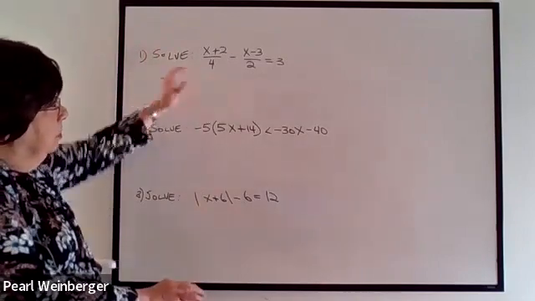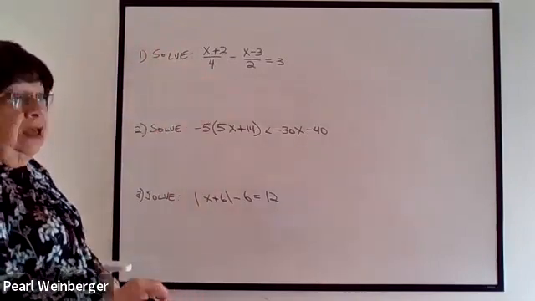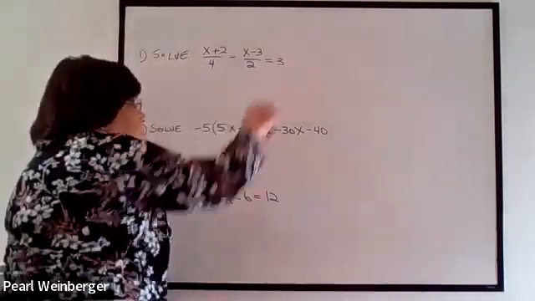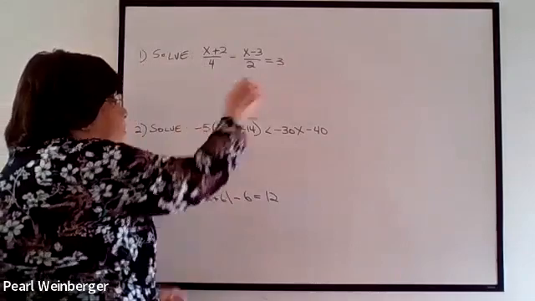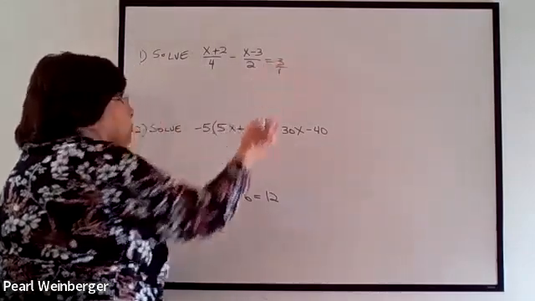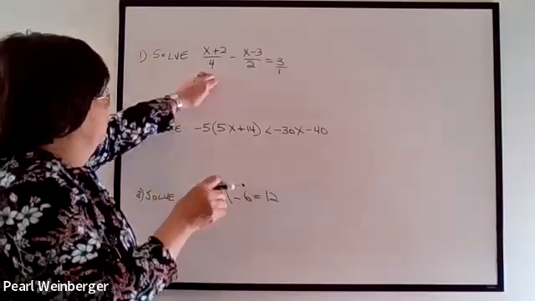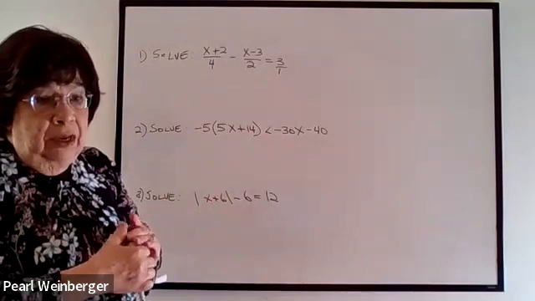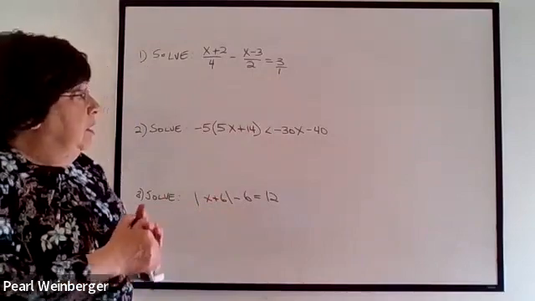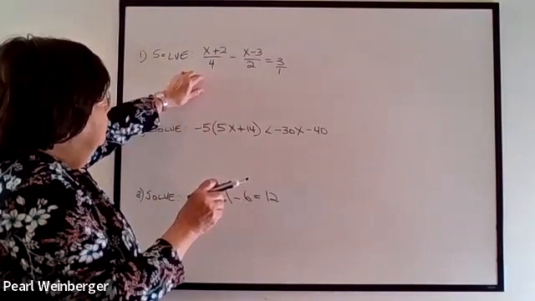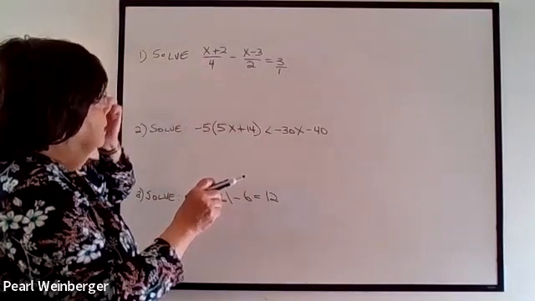It's a little bit harder because it has fractions in it. So what I'm going to do is take this 3 and put it over 1 so that I see that everything looks like a fraction. And if you recall, one of the ways that we do these equations with fractions is we multiply everything by the common denominator.